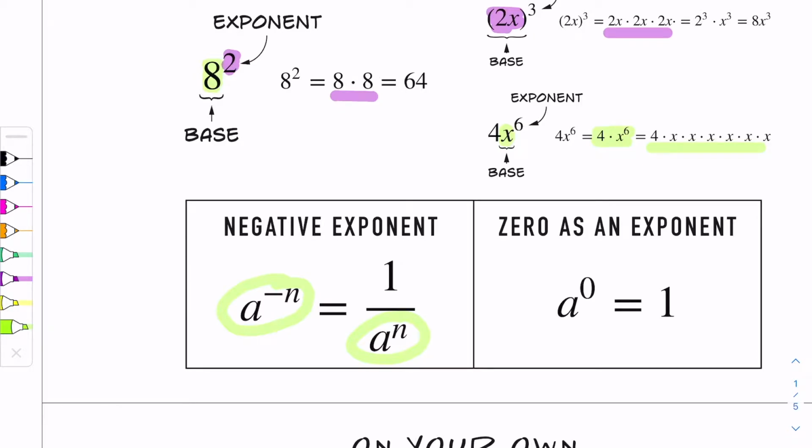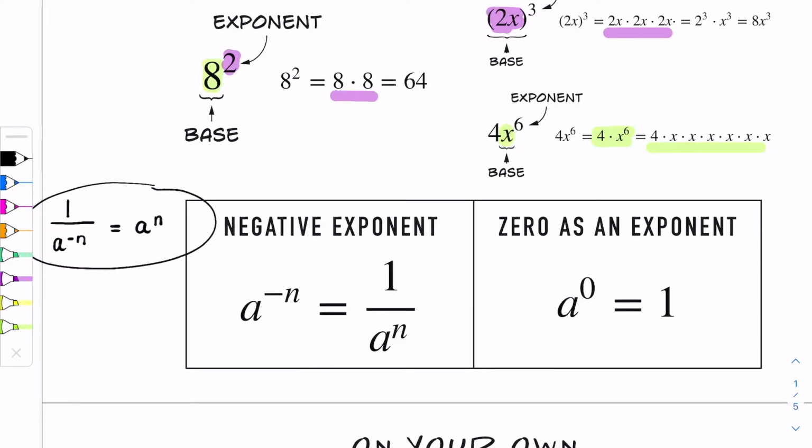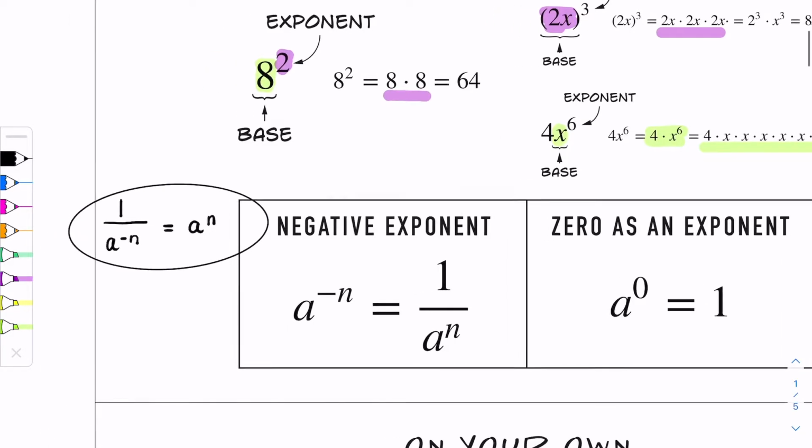And if you had a negative exponent in the denominator, it becomes positive in the numerator. I'm going to give you the opposite example. If I had 1 over a to the power of negative n, this would be a to the power of n over 1, or just a to the power of n. So this here is the opposite of the one that I already typed for you.